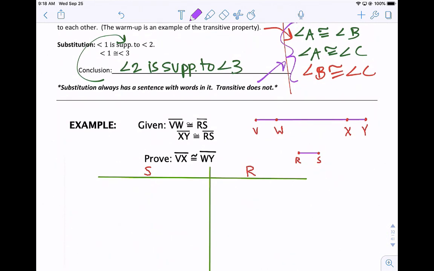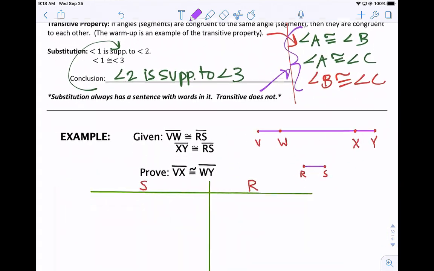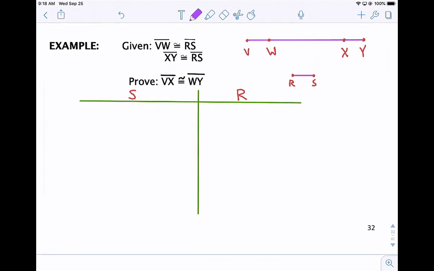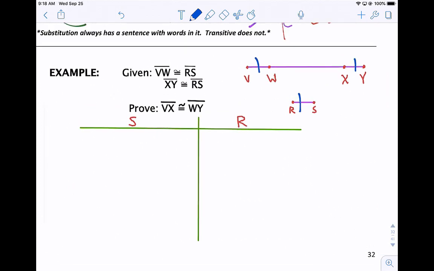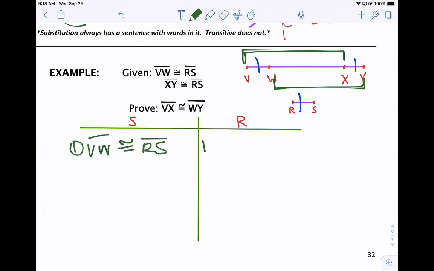All right, let's take a look at a proof where we might use the transitive property or the substitution property. VW is congruent to RS. XY is congruent to RS. Prove that VX, here's VX, is congruent to WY. Okay, so first we'll state that given VW congruent to RS, given.